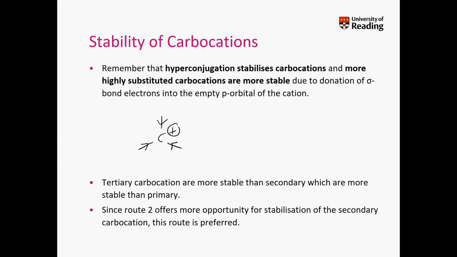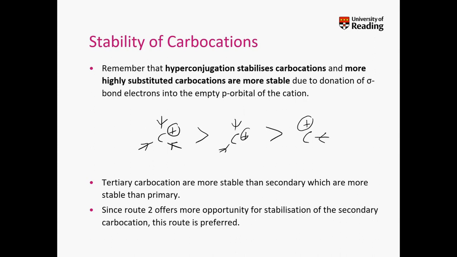So in a tertiary carbocation, we have the ability to do that with 3 different carbon atoms. If we had a secondary carbocation, we can push electron density through 2 bonds. And if we have a primary carbocation like this, we can only do that through 1 bond. So therefore, the tertiary carbocation is more stable than the secondary, which is more stable than the primary.